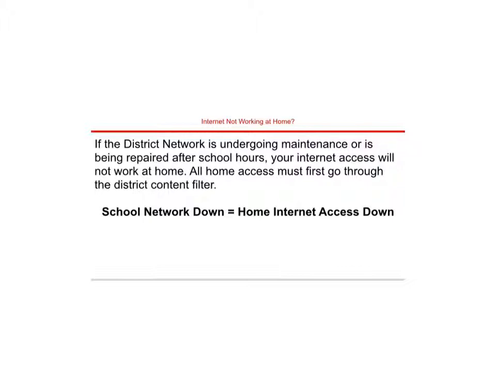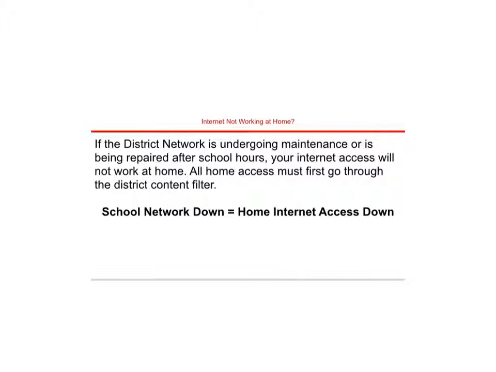And that is because when you go out on the internet at home from your iPad, you actually go to the district first before you go out on the internet, and that is because you are going through the district content filter. If the district network goes down, the filter goes down, and that means that you cannot get through to get on the internet. So if the school network is down, you're not getting internet access. So just because you can't get online at home, that does not mean that something's wrong with your home network.